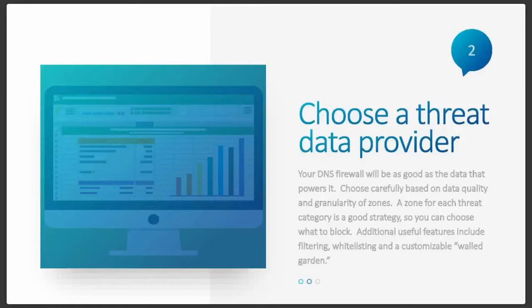You don't want to overload your servers with many zones that are related to things that have no sense as threat vectors to your organization, but you also don't want to miss stuff. So having granularity is very important.